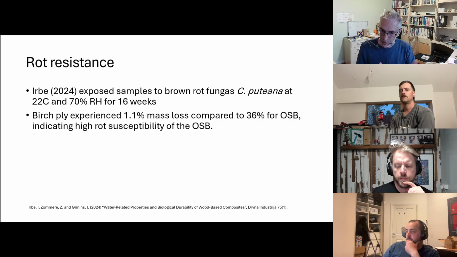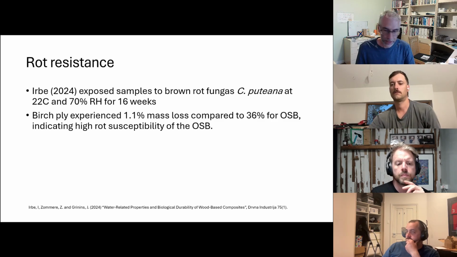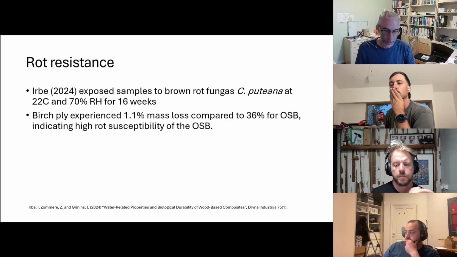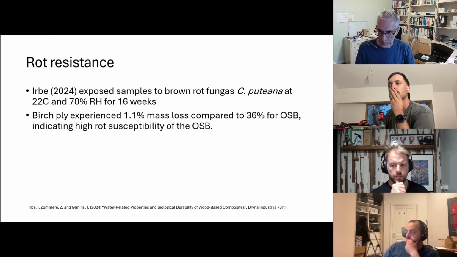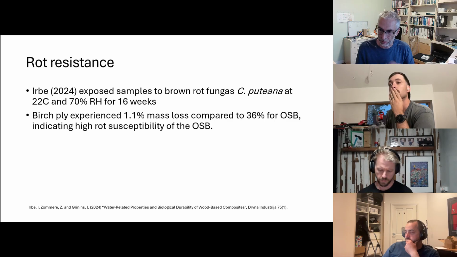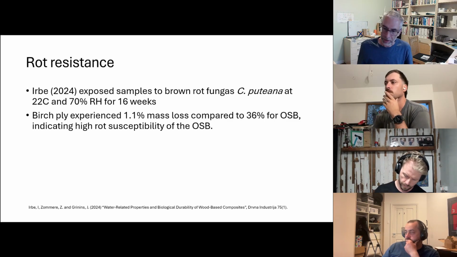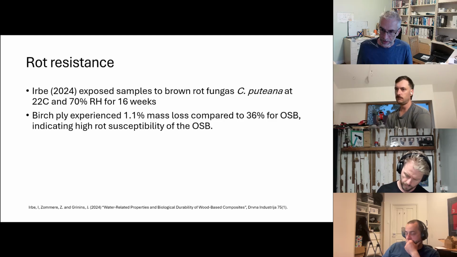That was a birch ply, so being Europe. It experienced about a 1% mass loss over a good 4-month period, whereas the OSB experienced about a 36% mass loss. So a huge loss in mass of the material. The OSB was far more susceptible in that test than was the ply.